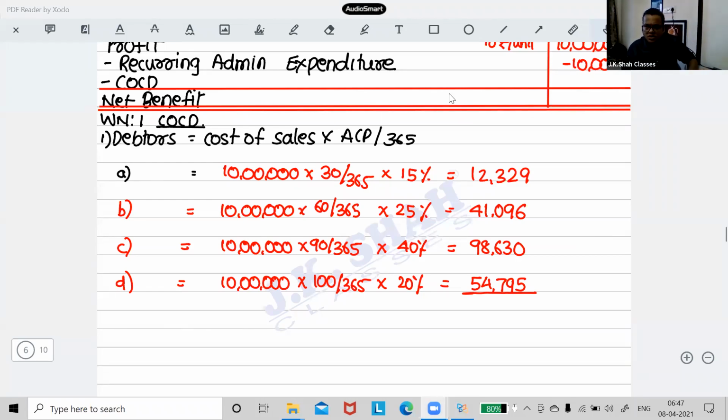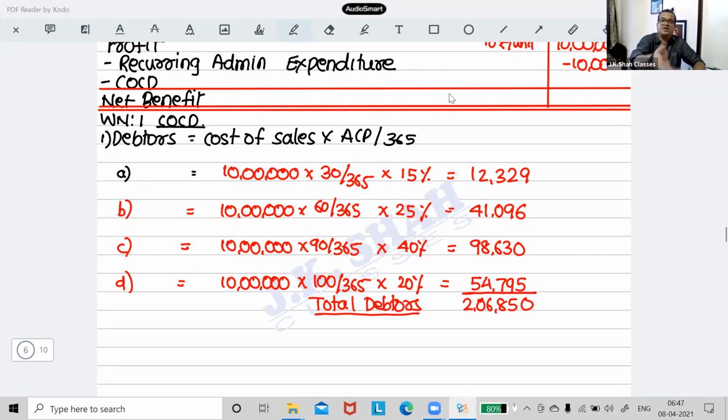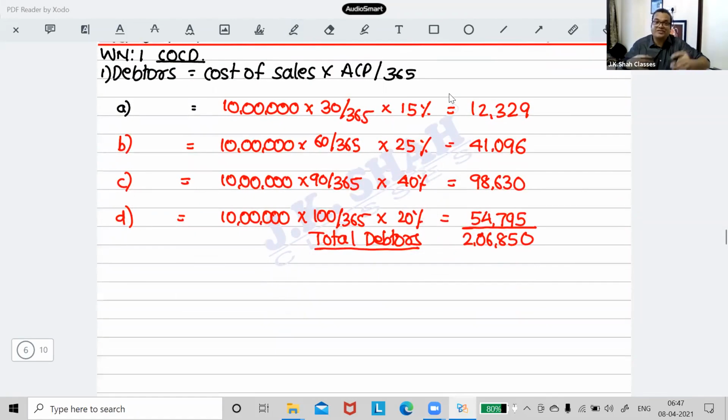Thank you. 206850. So now what this 206850 came to, these are my total debtors at different average collection periods. Somebody at 30 days, somebody at 60 days, somebody at 90 days. And this seems to be more real life, right? We are allowing different credit period to different of our debtors.